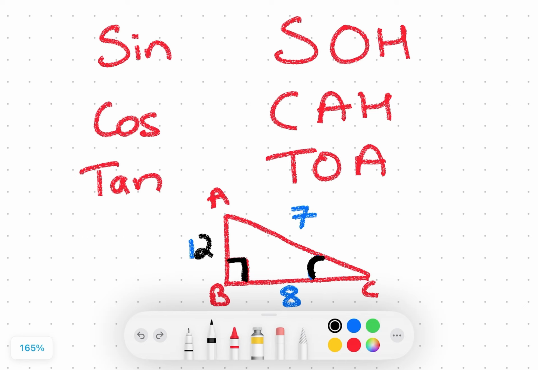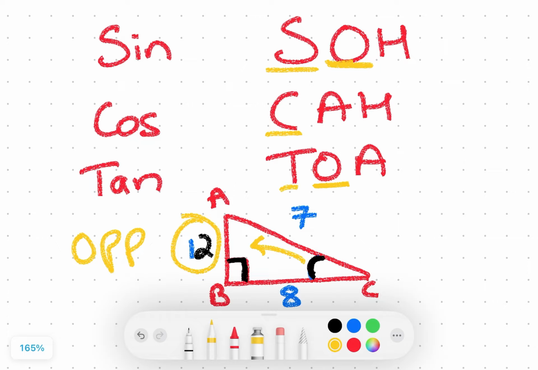Thereafter, we have a side which is opposite the given angle, not the right angle. Opposite the given or asked angle is called the opposite. So the O stands for opposite. We've got sine, cos, tan: opposite hypotenuse, adjacent hypotenuse, opposite adjacent. SOHCAHTOA is just a simpler way of learning this.